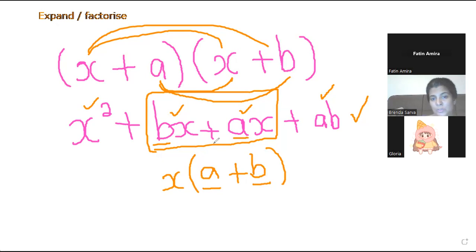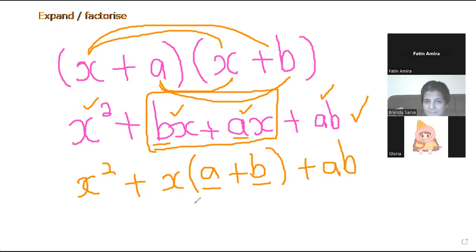Do you understand this part now that I've done? And over here, I'm going to keep my x squared. I'm not going to do anything. x squared plus x bracket a plus b, plus ab. That's all you need to understand. From the two brackets, we expanded and got this.